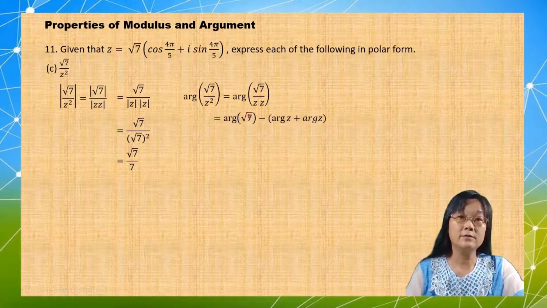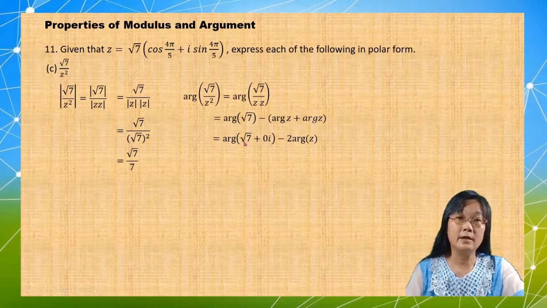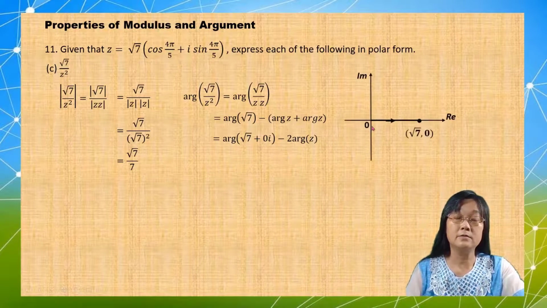As for square root of 7, when we write it in complex form, that is square root of 7 plus 0i. X is square root of 7, y is 0. When we look at this diagram, this square root of 7 is on the positive real axis, so the argument is equal to 0.